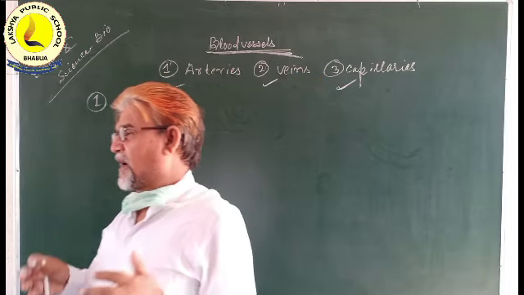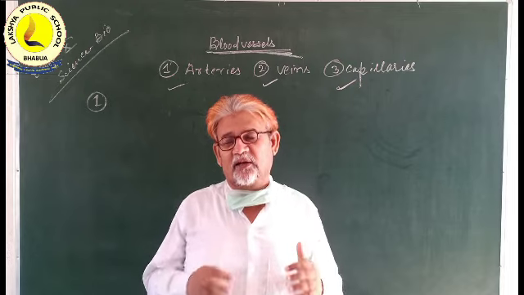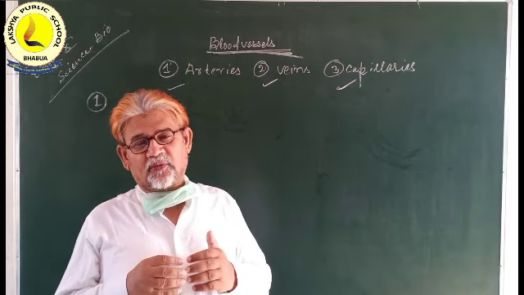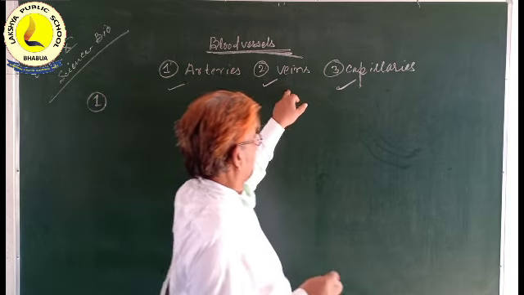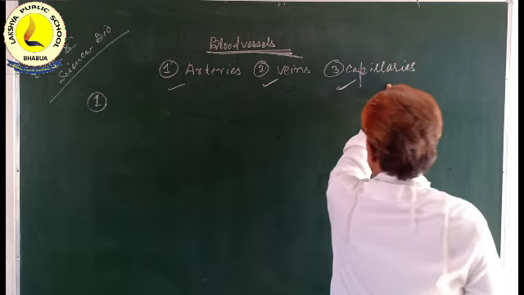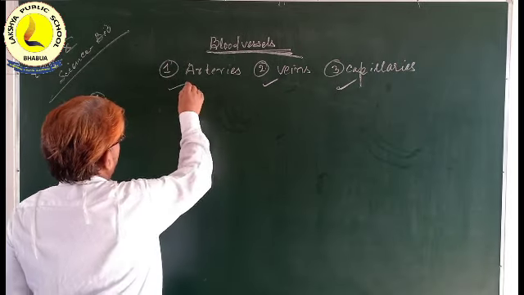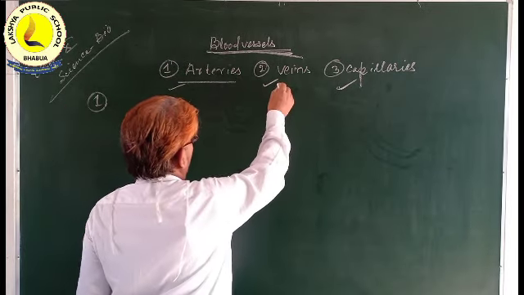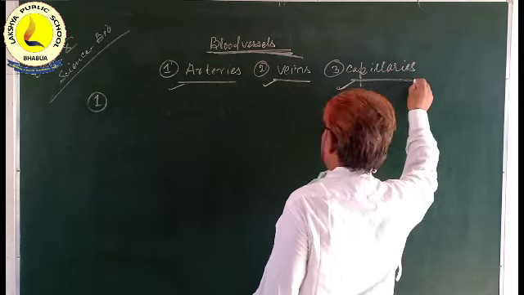Therefore, they make a net-like structure between the veins and arteries. This is about the three types of blood vessels. How many types? Again, you must remember: the first is arteries, the second is veins, the third is capillary.